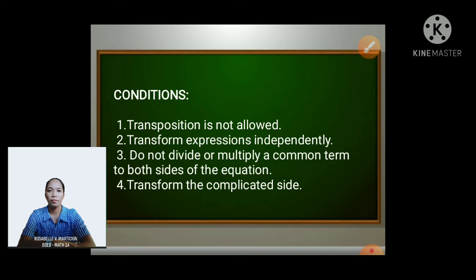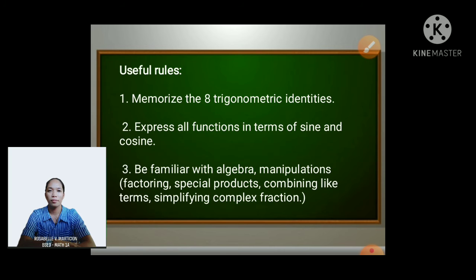Number 3, do not divide or multiply a common term to both sides of the equation. The last is to transform the more complicated side. These are the rules to prove an identity.